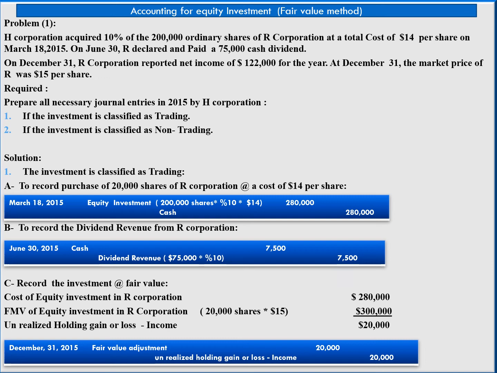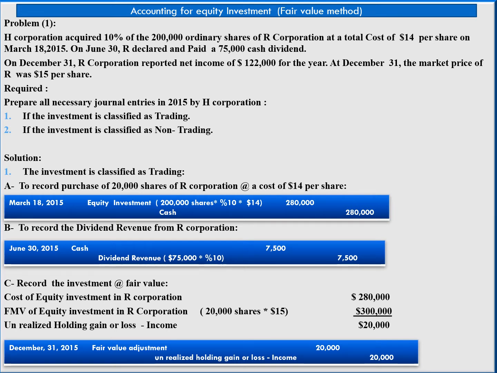So on the debit side, cash will increase, and on the credit side, dividend revenue. The total cash dividend declared by R is $75,000 times 10%, my share of the dividend distributed, which comes to $7,500.